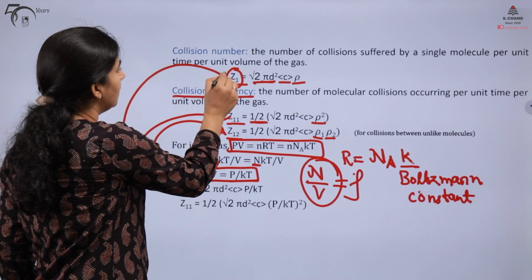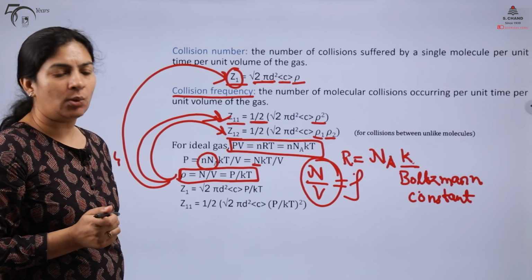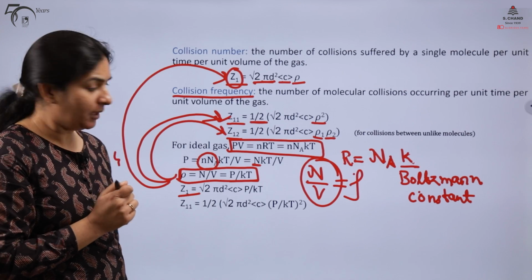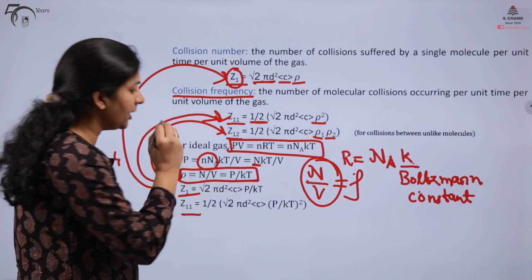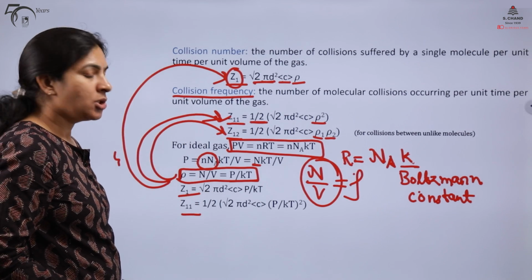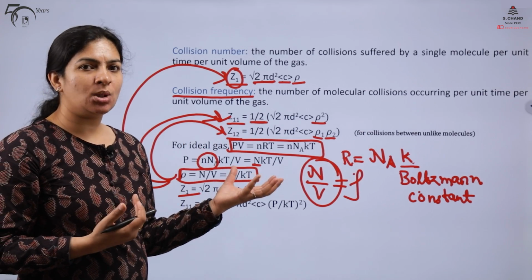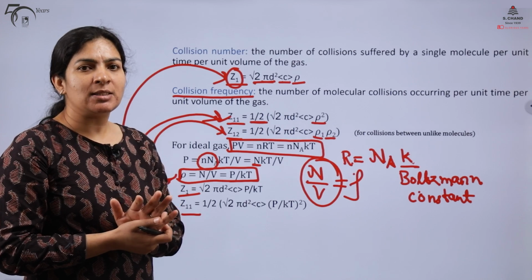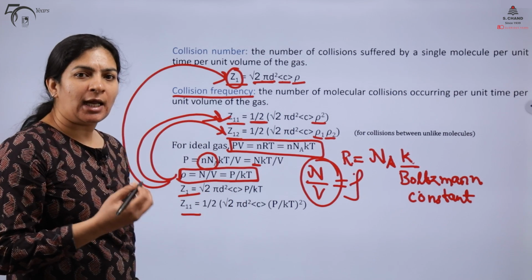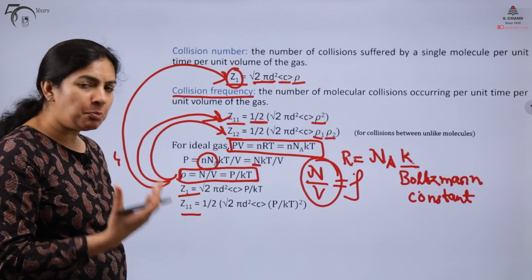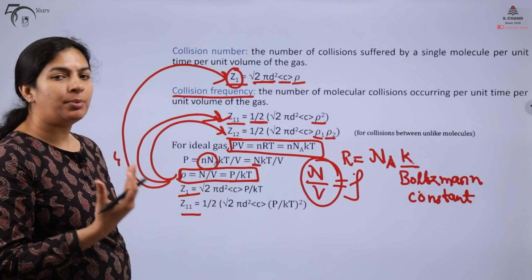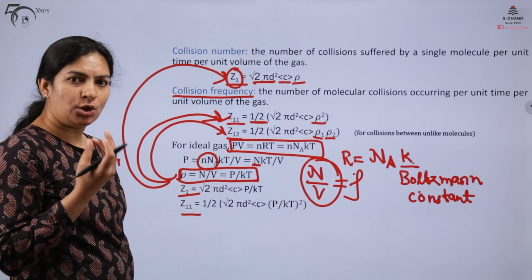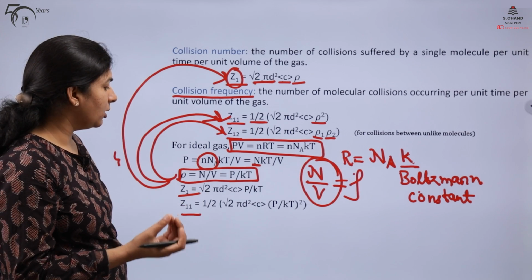This particular value of rho can be inserted into the expressions for Z11 and Z12, and also into the expression of Z1, and therefore we get the expressions of collision number and collision frequency like this. These expressions give you an idea that at a particular temperature and pressure, a particular sample of gas will undergo how many collisions in unit time per unit volume.